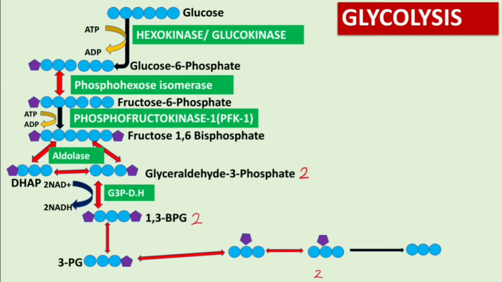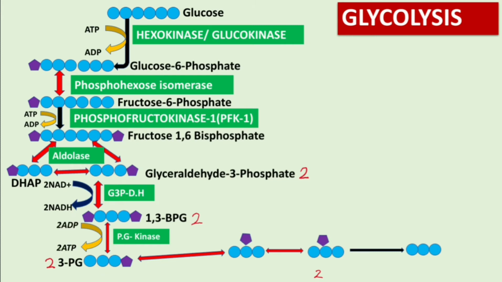So 1,3-bisphosphoglycerate is now converted to 3-phosphoglycerate, but as I said, it's times 2. The enzyme for this pathway is phosphoglycerate kinase. Kinase means transfer of phosphates.